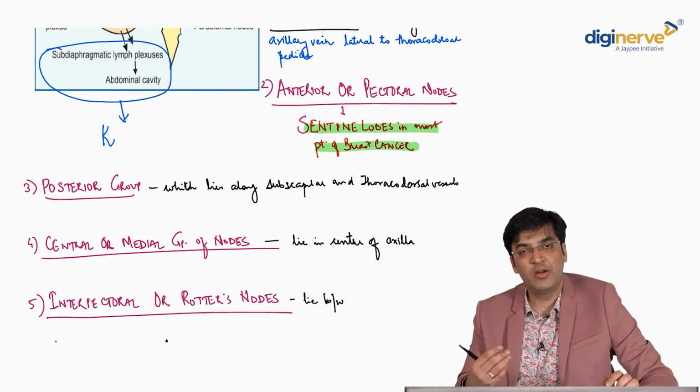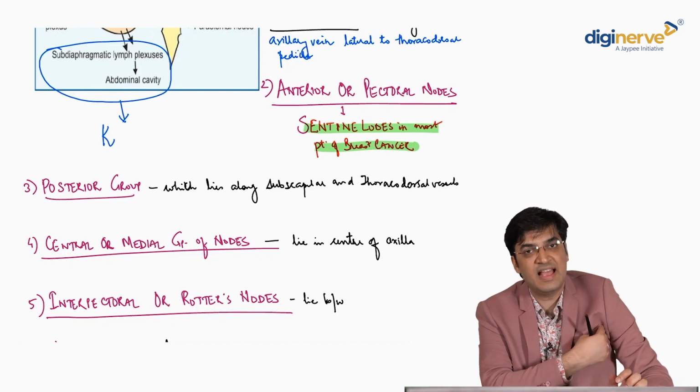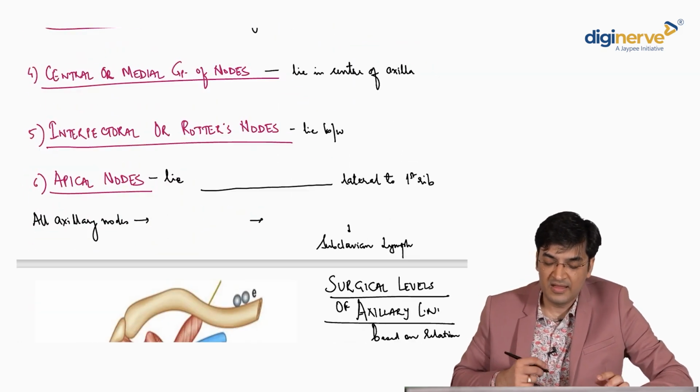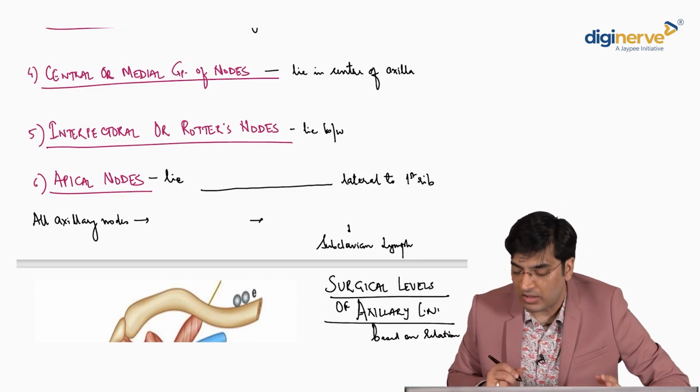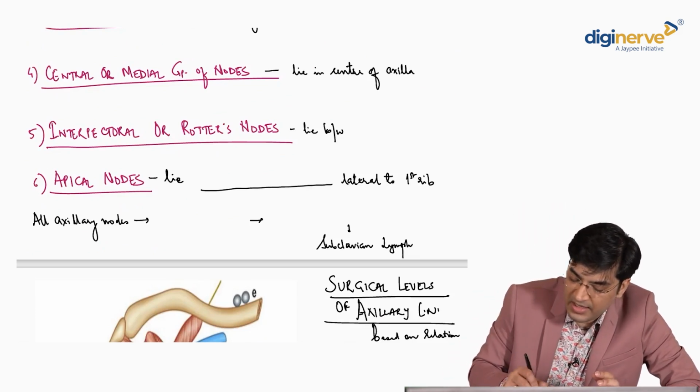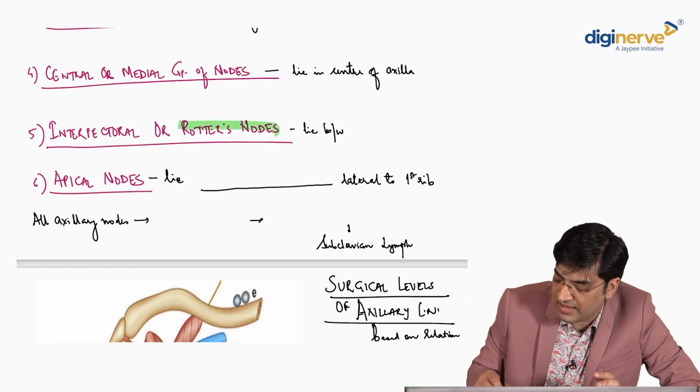The central and medial group lies deep in the axilla, and the last one is the interpectoral nodes, which we also call Rotter's nodes. This is also important; the name Rotter's nodes has been asked.